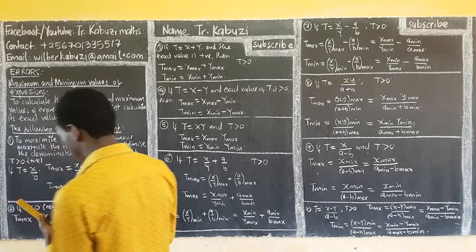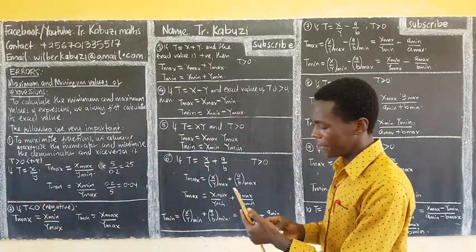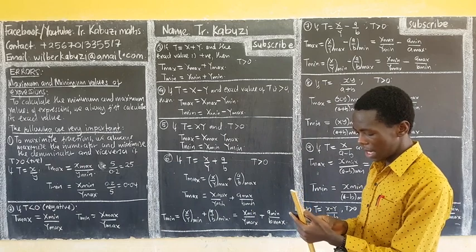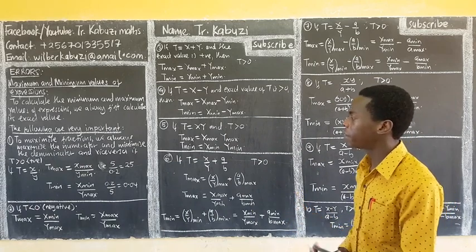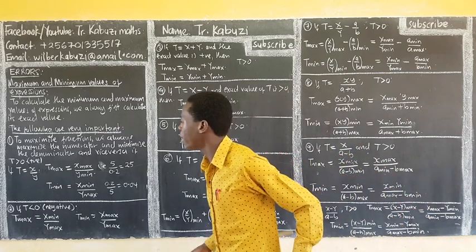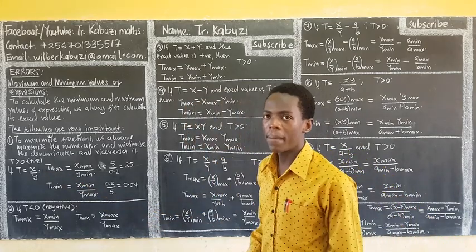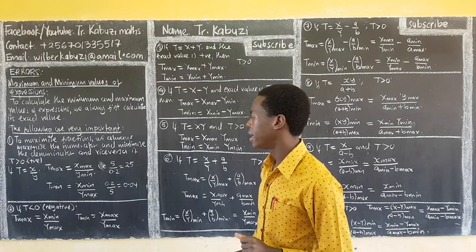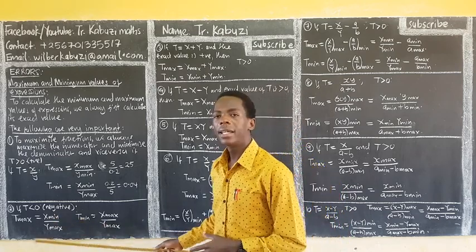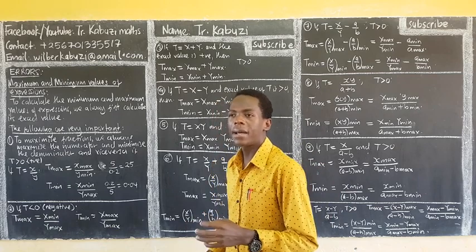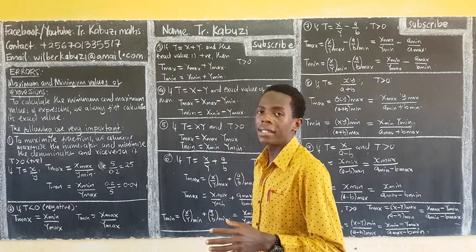Now, this works if t is positive. But if something is negative, then the idea changes. Why? Because something small and negative is smaller than something big.